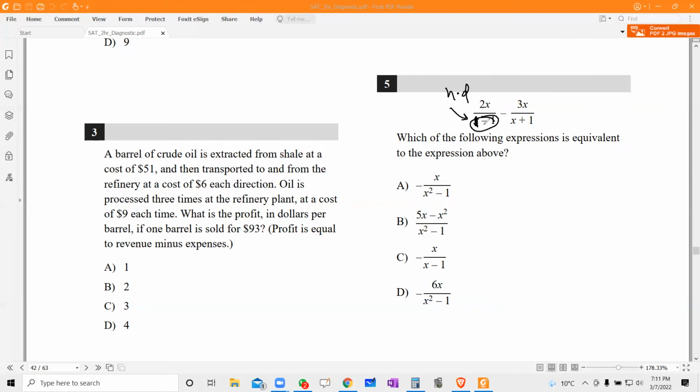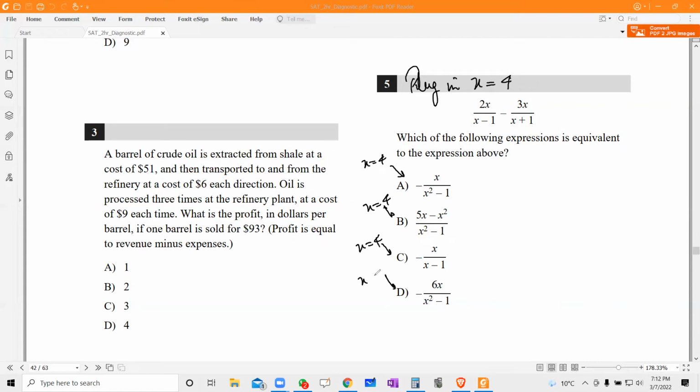So I'll not put x as 1. I can put any other simpler number. Can you tell me any number for x which I can plug in here? 4. Okay, so plug in x equal to 4. I'll do that thing to the options also.